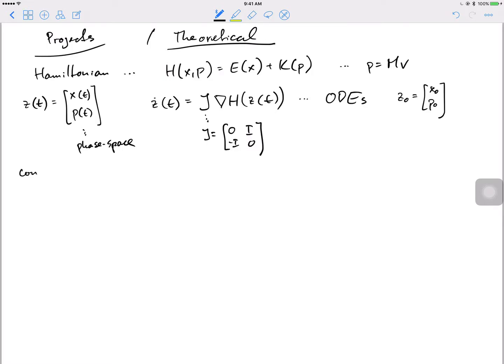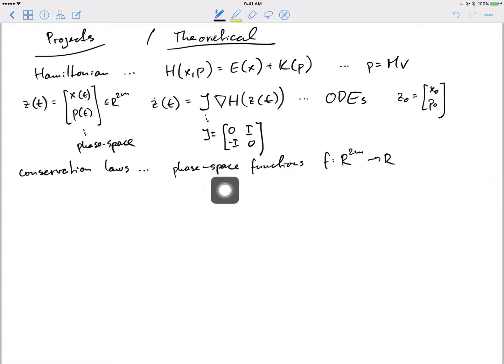We also talked some about conservation laws. Basically what it boiled down to is that there are some functions on phase space, phase space functions, meaning functions from the phase space, let's call it R^2m, to R, where m is the number of degrees of freedom of my system. Sometimes there are functions f which are constant during the entire motion.